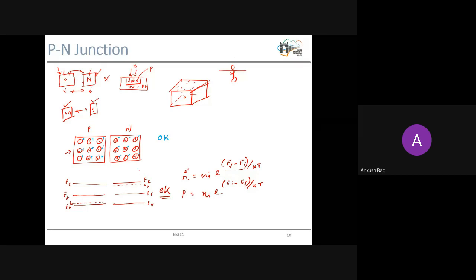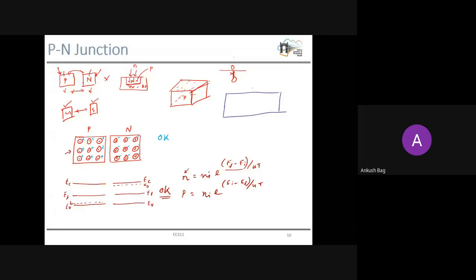So now these are two different materials. If this P and N are both connected, what will be the behavior, or what will be the band diagram?